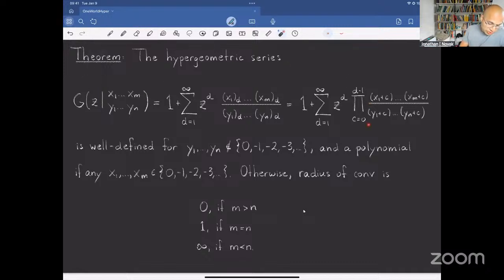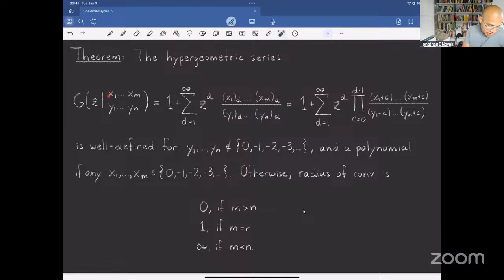The general hypergeometric series is always valid as a formal power series, as long as the lower parameters are not non-positive integers, that is, not 0 or -1 and so on. The reason for that is you want to avoid division by 0 in this ratio. And as long as you stay away from that, you're fine in terms of formal power series.